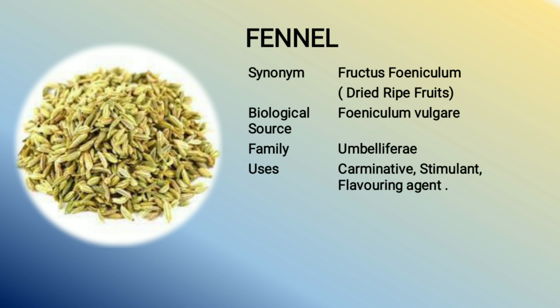You also know it as saunf, and its synonyms are, you can also call it fennel fruit or Fructus foeniculi. And talking about its biological source, fennel consists of dried ripe fruit of the plant Foeniculum vulgare, belonging to the family Umbelliferae, and it is used as carminative, stimulant as well as flavoring agent.